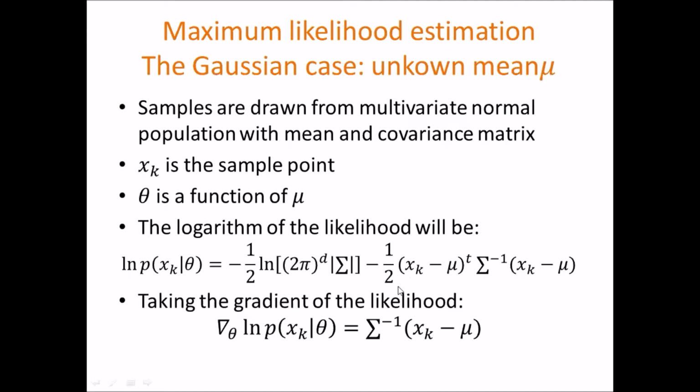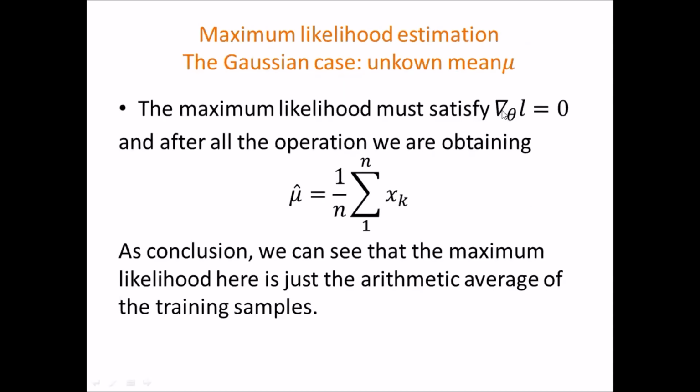and taking the gradient of the likelihood, I want to obtain this final result. Means while solving, I want to come across this kind of result. The maximum likelihood must satisfy this condition: the product of the gradient and the log likelihood function has to be equal to 0.